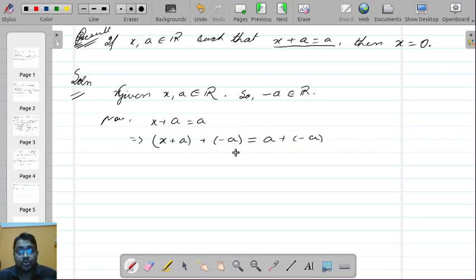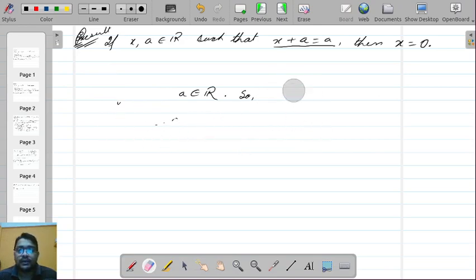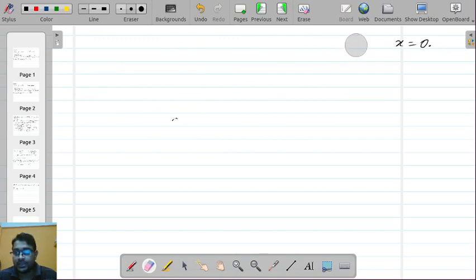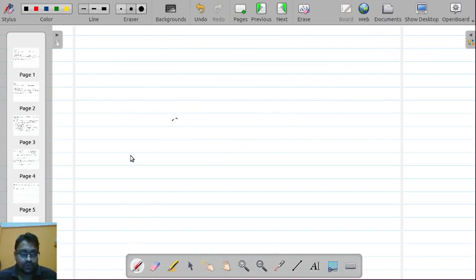Oh sorry, I did not use the fact that, before proving this, let me first show the uniqueness of the inverse element, that is, the additive inverse. We have to show that so that we are comfortable using this symbol minus a always.